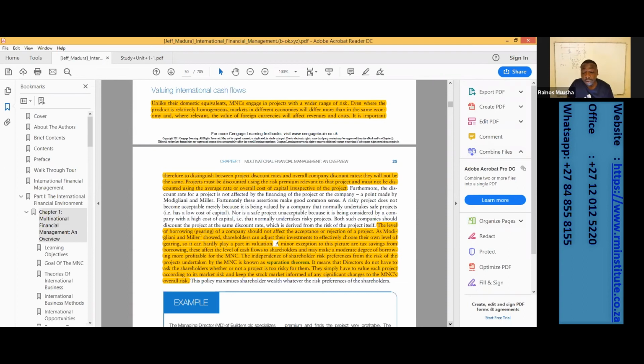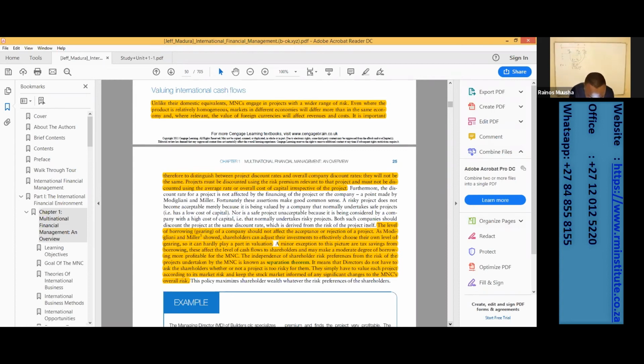Like, for example, if you're using the internal rate of return, which you used when you did capital budgeting in your undergrad, or when you were using the net present value method as well, that is based on the concept that the acceptance or rejection of a project is based on the principle where the internal rate of return has to be more than what? The cost of capital.